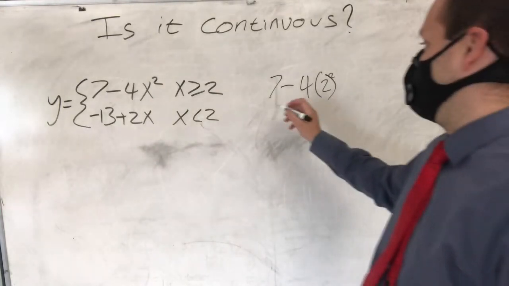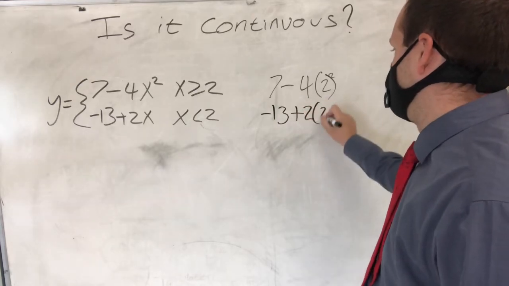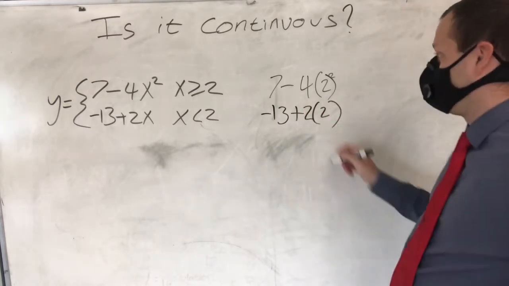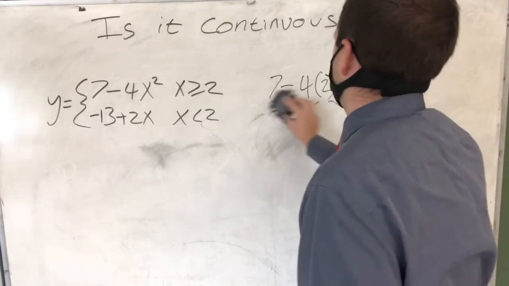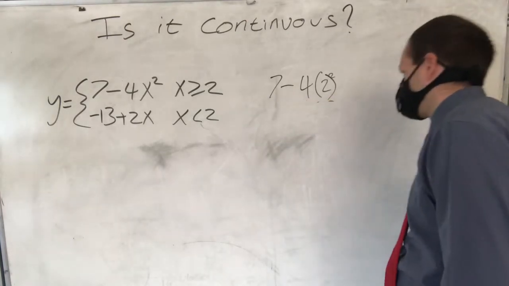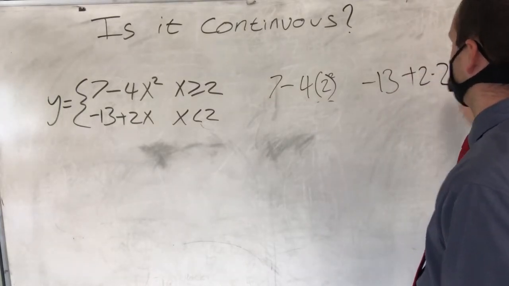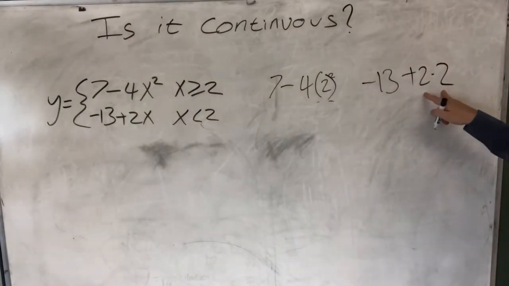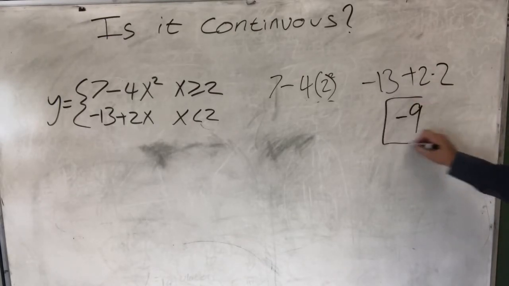Next up, we've got negative 13 plus 2 times 2. Well, I guess I probably should have written that off to the side. All right, 2 times 2 is 4. Negative 13 plus 4 is negative 9. That is for my linear equation.